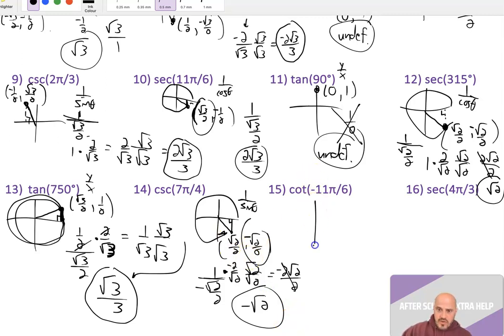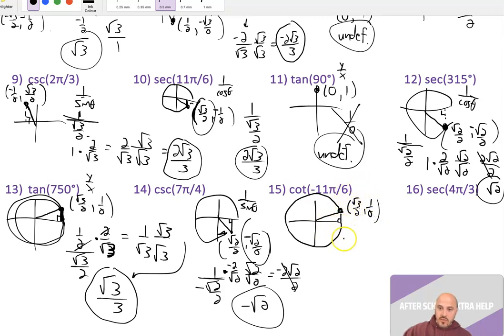All right, second to last, cotangent of negative pi divided by 6. Well, negative pi over 6, I have pi over 6 left to go till I'm all the way back to negative 2 pi, or 0 or 2 pi, however you want to think about it. My coordinates there, well, my x is the long side, so that's root 3 over 2. And my y is the short side, which is a half.